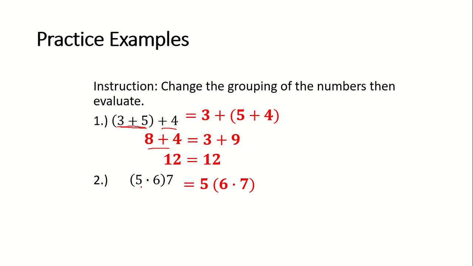So now, since 5 and 6 is our priority, 5 times 6 is 30. But here, our priority is 6 times 7. So 6 times 7 is 42. But 30 times 7 is 210. And 5 times 42 is also 210.